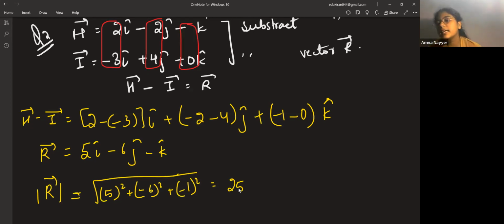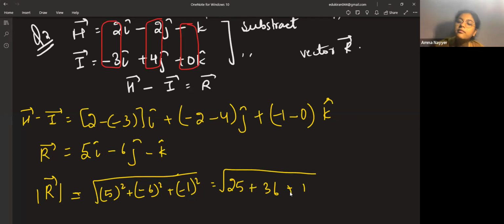See, -6 into -6, that becomes 36. So plus 36 and -1 into -1, this becomes 1, all under root. So 25 plus 36 is 61. 61 plus 1 is 62. Root 62. So Martin's answer was correct out of all the answers.